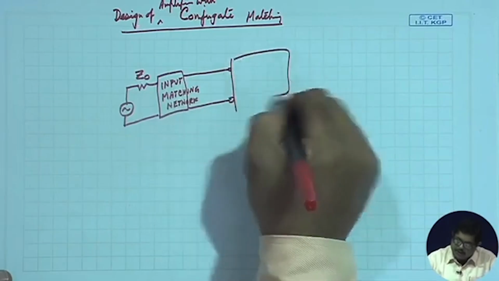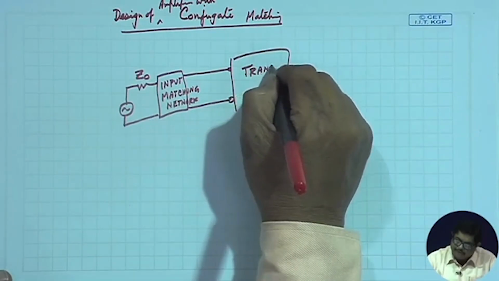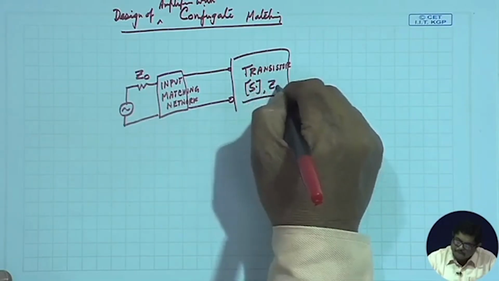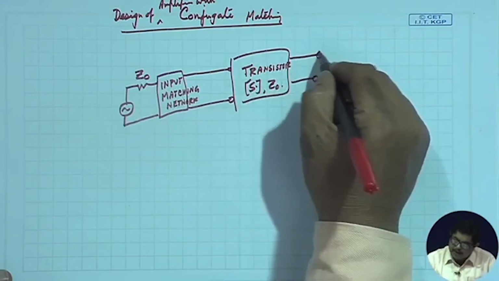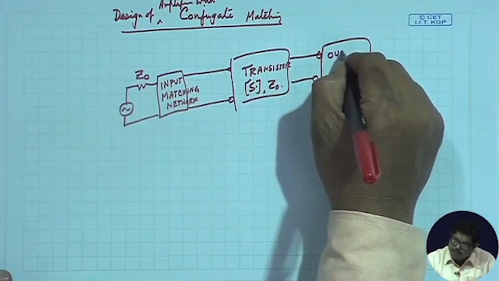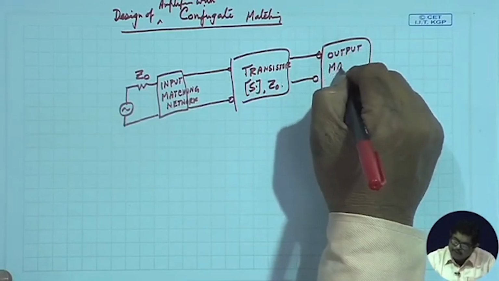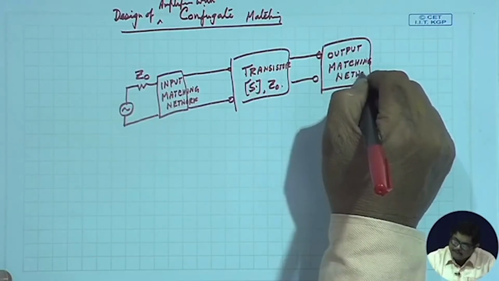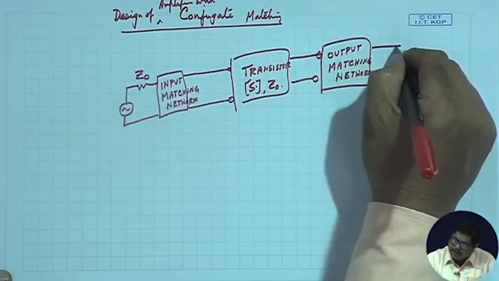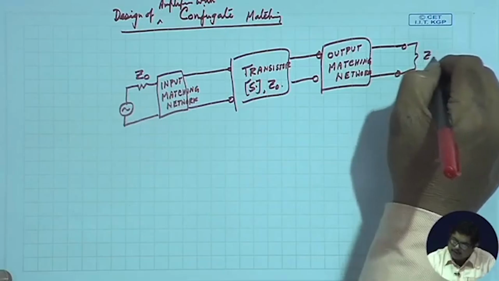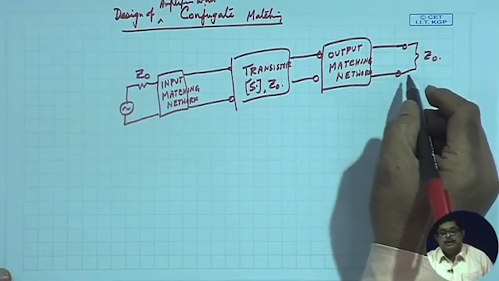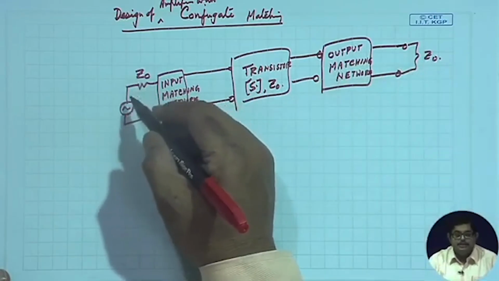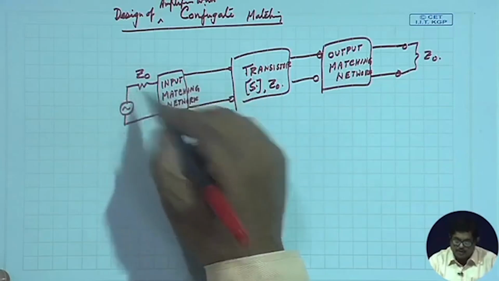This will be connected to the transistor, and then I will have an output matching network, and then it will finally be looking at Z0. So, I know that actual ZL is different, but with output matching it will appear as Z0. Similarly, actual source impedance is ZS, but with the input matching network I can make it appear matched.